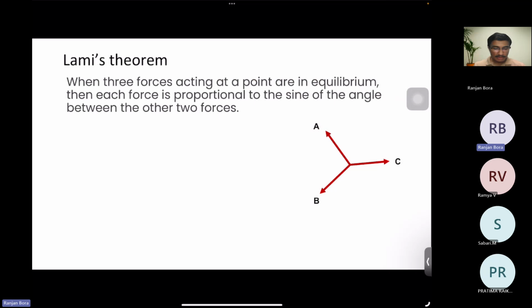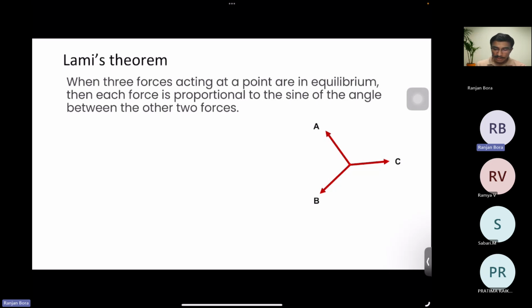Next, there is one theorem which is known as Lami's theorem, and why we use Lami's theorem: we use it when there are three concurrent forces acting at a point, and they are in equilibrium. Then there is one relation which we can write using the force magnitudes and the angles between them.